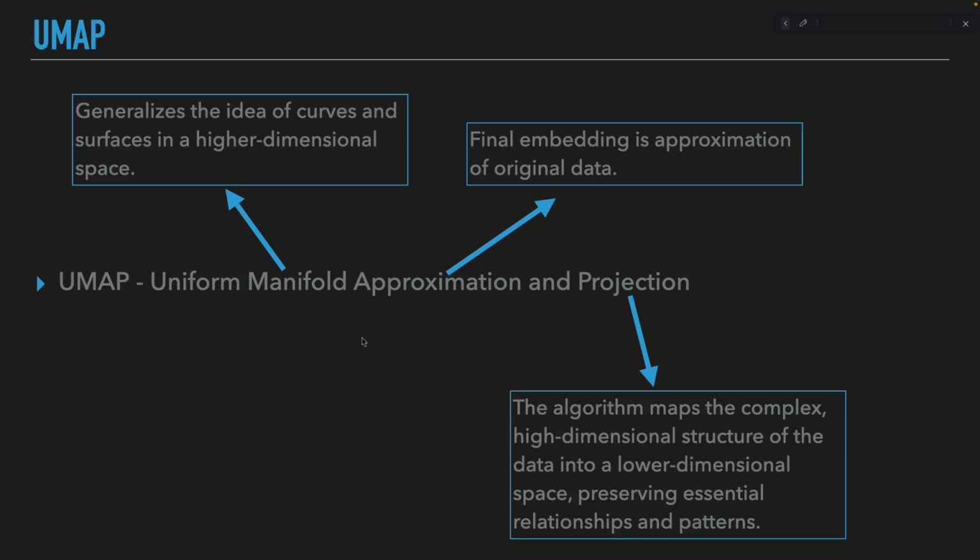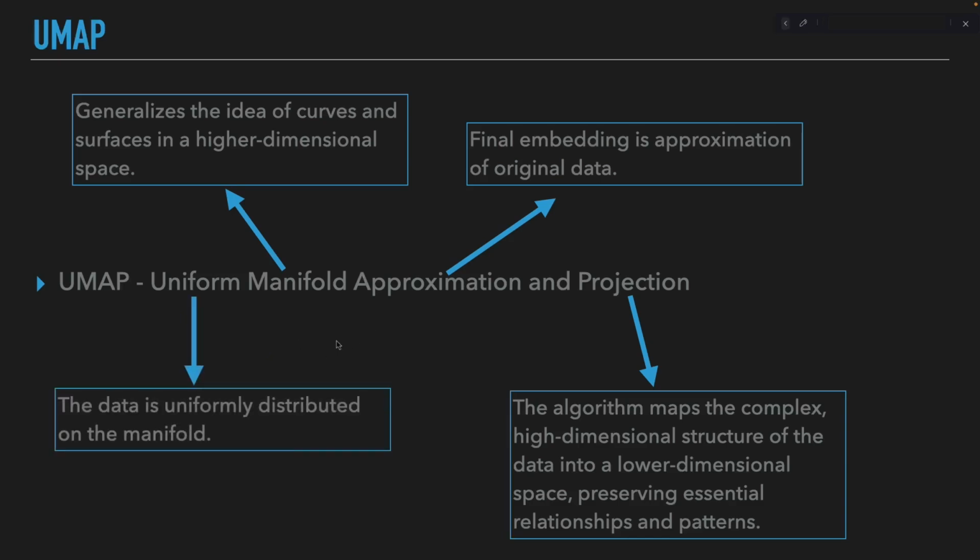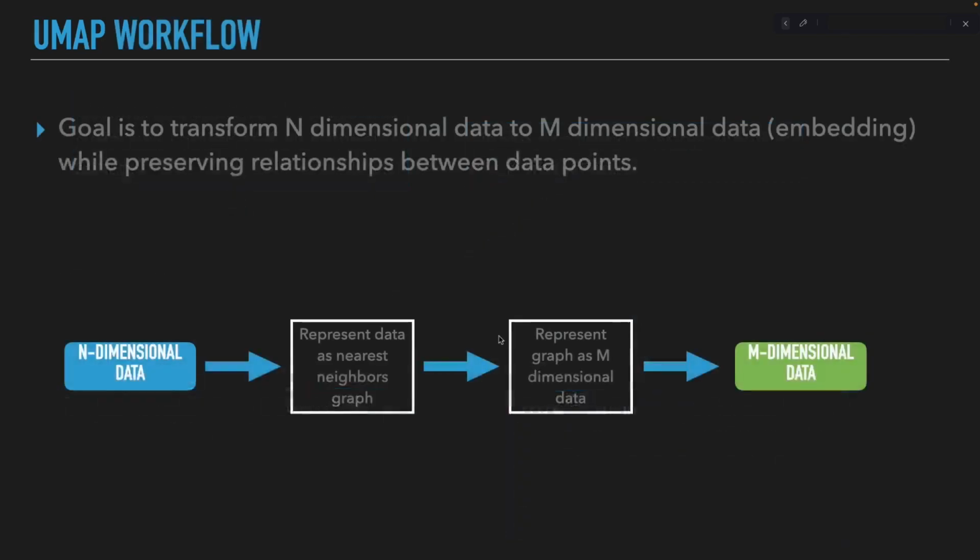And finally, we have uniform, which comes from the assumption of UMAP that data is more or less uniformly distributed across this manifold, across this shape it is creating in this high dimensional space. So this was the name.